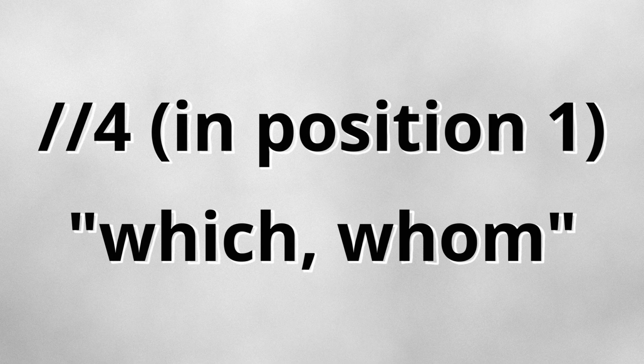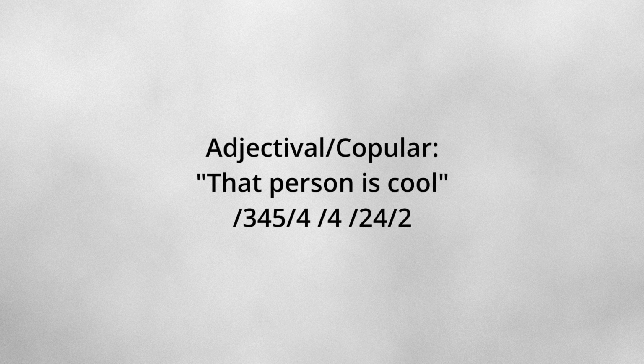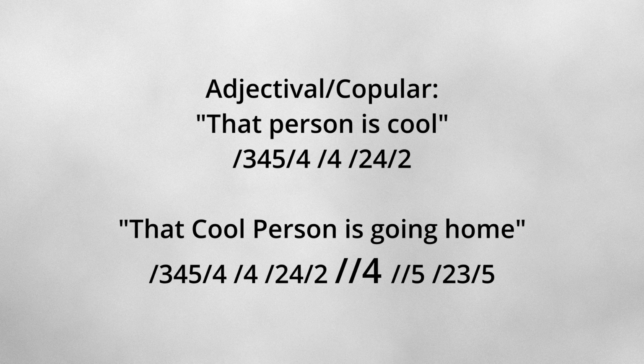So double four can also carry the meaning of which or whom or the one who, etc. whenever you're using the double four in position 1. When you do that, it allows for adjectival and copular phrases, which we've gone over in the previous video, to act as the agent of a larger sentence.